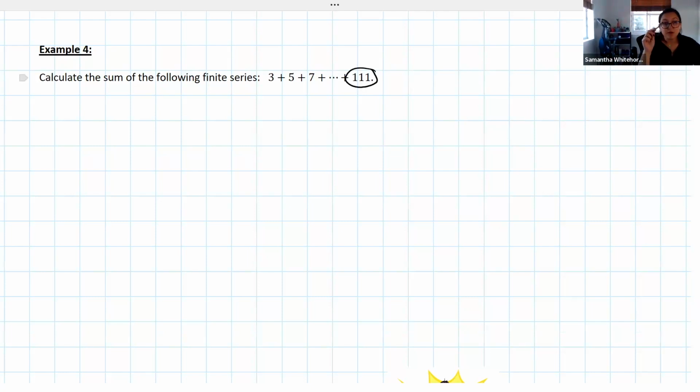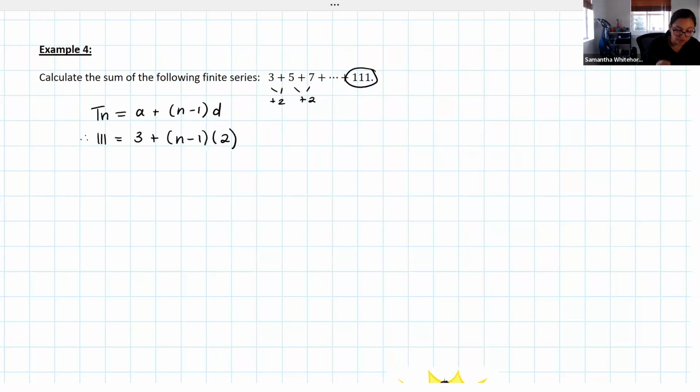So guys, the first thing that we need to do is figure out how many terms we are adding together. So we first have to go to our Tn formula. Our constant difference is 2, and that will be our d value, which means that 111 is equal to 3 plus n minus 1 times 2. Remember, we're solving for n to figure out how many terms we need to add together.